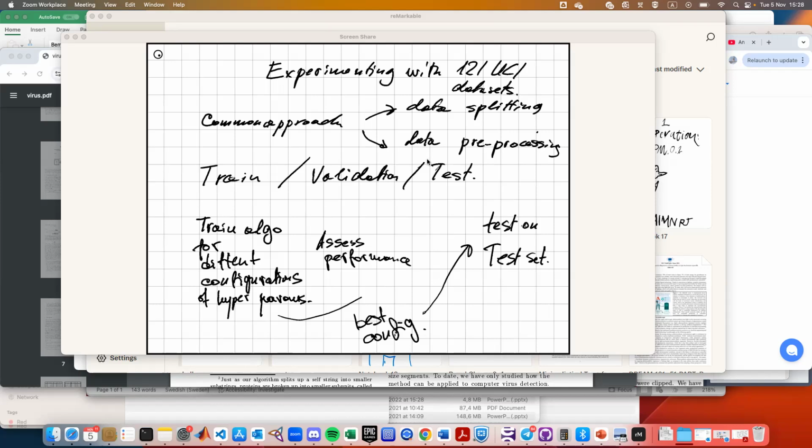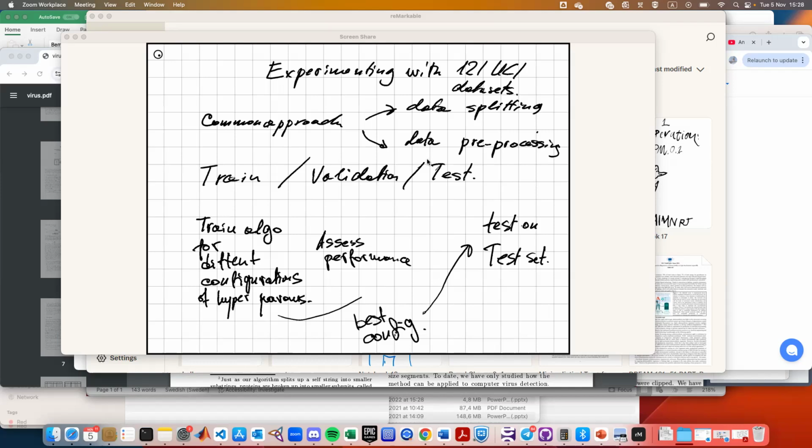And then you can read in the paper the approach for training classifiers. Normally, in this case, there is no clearly separated validation set.